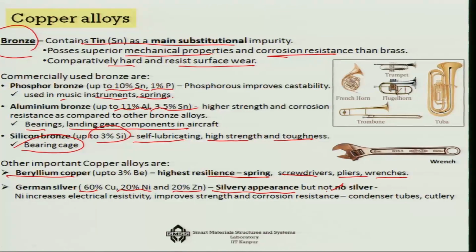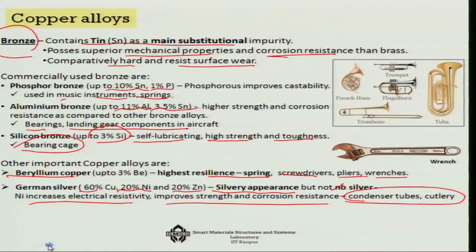That is because it contains copper, nickel and zinc, and the nickel increases the electrical resistivity, improves strength and corrosion resistance. So, it is not only used for this type of things, but also used for condenser tubes, cutleries, etc. The German silver has a considerable amount of copper, some amount of nickel and some amount of zinc in it.